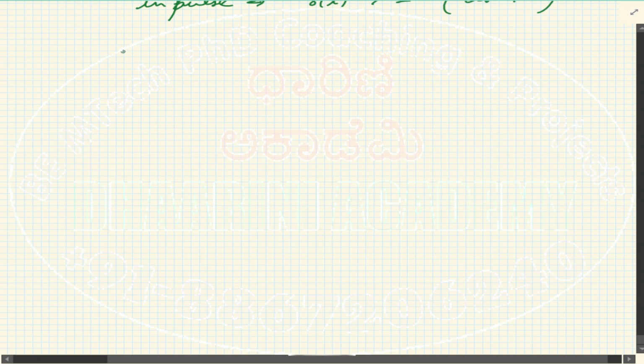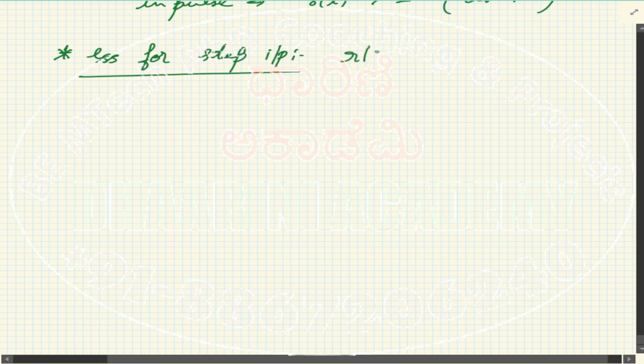So the first part is ess for step input. Step input r of t is u of t. So what should be the r of s? R of s should be equal to 1 by s.